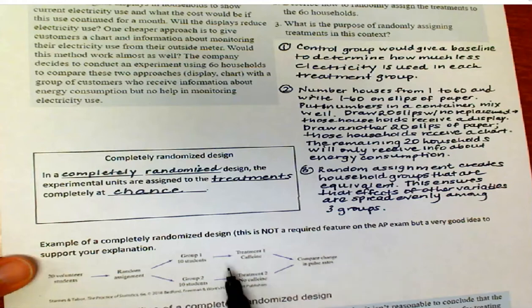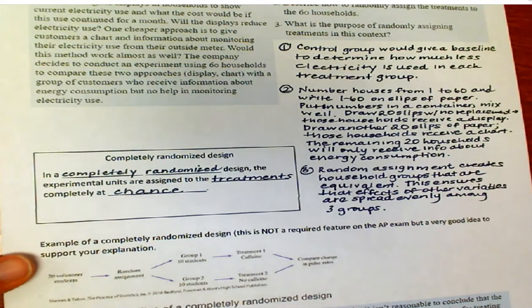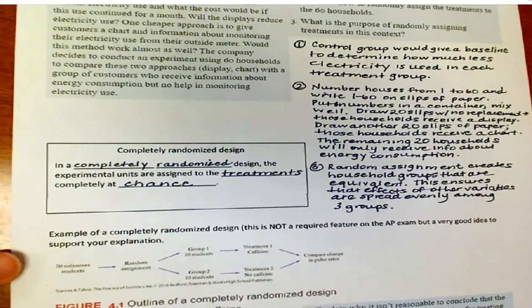This one receives treatment 1, with caffeine, and treatment 2, no caffeine. Then you compare the change in pulse rates. That's the caffeine one that we did in the last video. This is an example of completely randomized, but it's a very good way to explain how you're going about it.